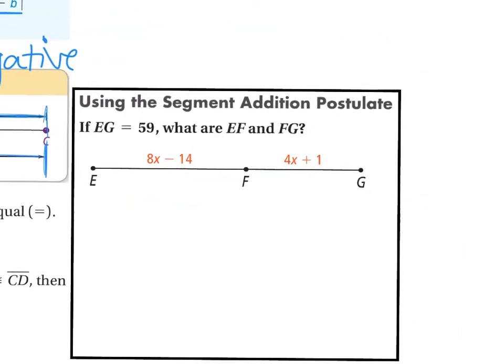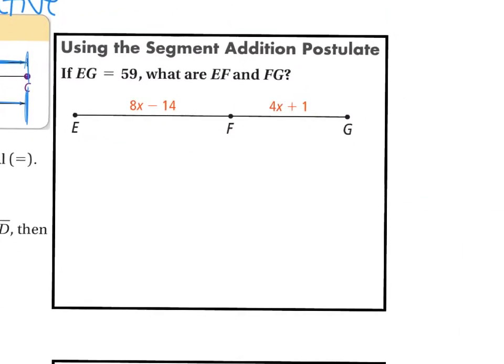Okay, so if EG equals 59, what are EF and FG? First we have to get a little creative here. We're going to have to do this plus this, and all of it equals 59. That's what the directions say.